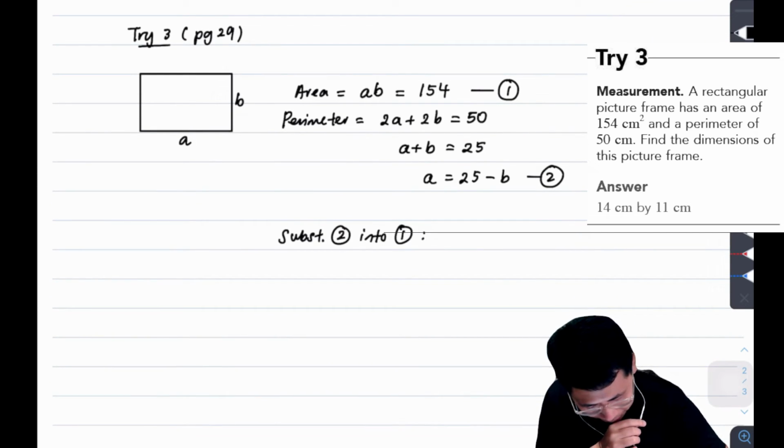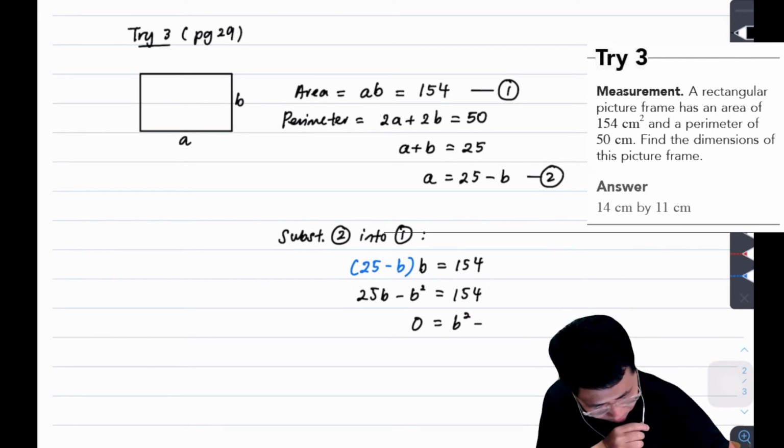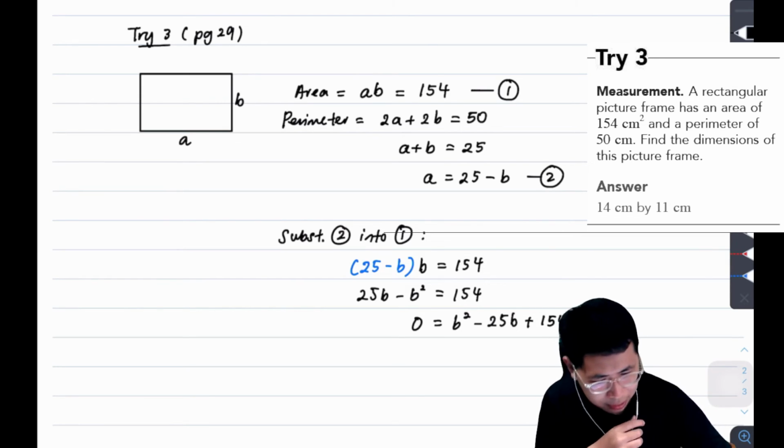So I will have my A, which is 25 minus B, times B, will give me 154. So 25B minus B square equals 154. Change to general form because now I have a quadratic equation. So B square minus 25B plus 154.